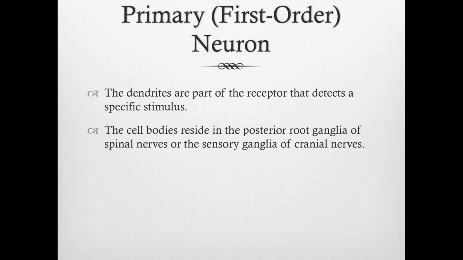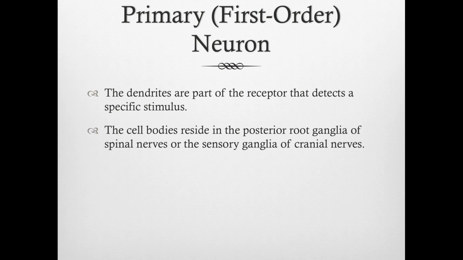Okay, so that primary neuron, often also referred to as a first order neuron, and it depends on how you think. Some people like that term first because it tells them that this is the first one. Some people like the term primary because that seems to reinforce that more. It doesn't matter which term you use. Primary neuron or first order neuron. This is the receptor neuron. So the dendrites here are a part of the receptor that detects that specific stimulus.